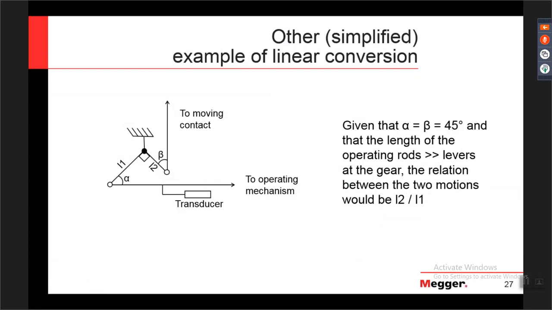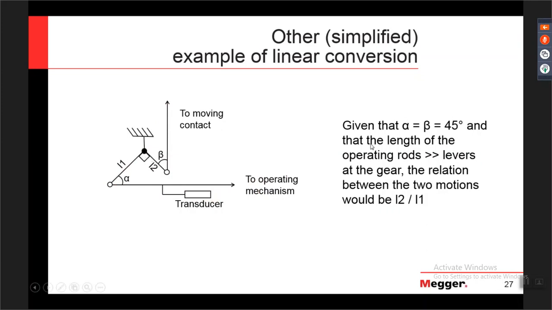And the same here, but you have a different link system. This goes up to the main contact, and you have a rod here that goes to the operating mechanism, and on the rod you connect your linear transducer.